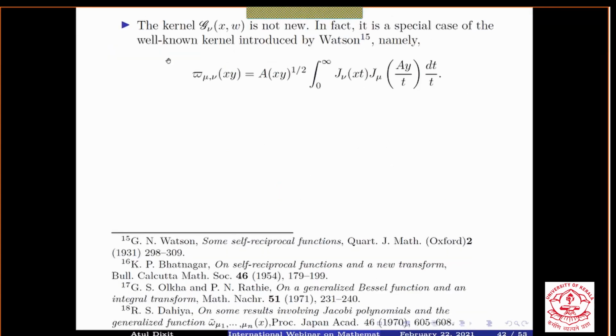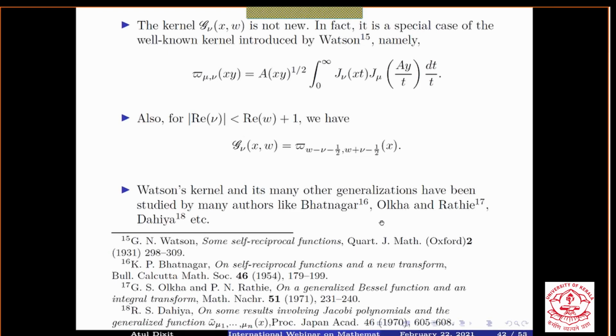Now, a thing that I need to say is that this kernel is not new. In fact, it was studied by G. N. Watson. He studied it in the form of this particular integral, and we have this equivalent relation between the two, but it only holds when this is the condition for the parameters.